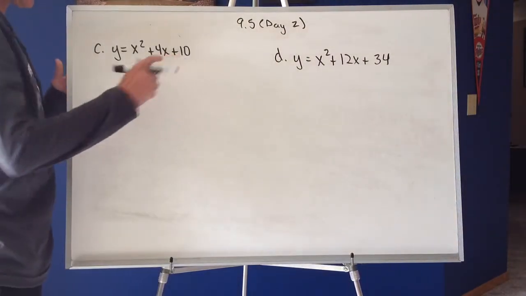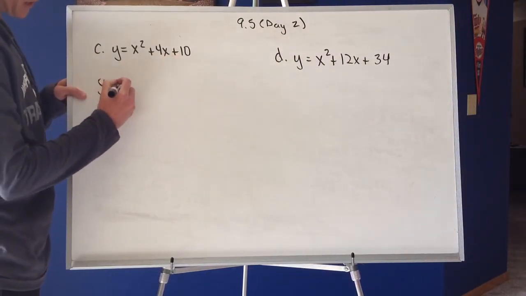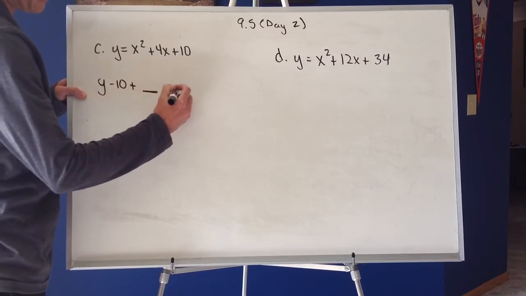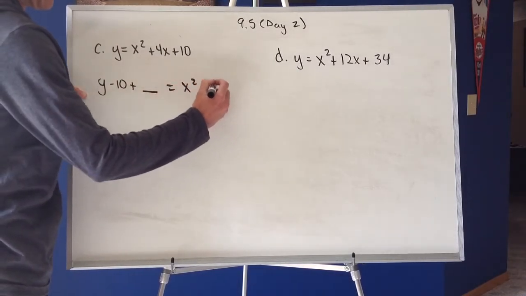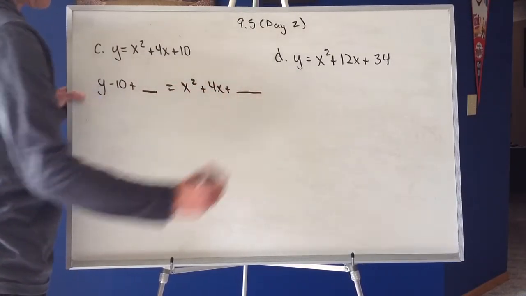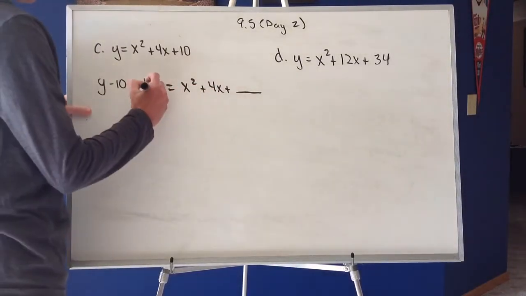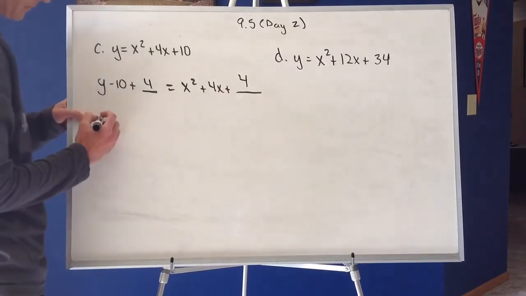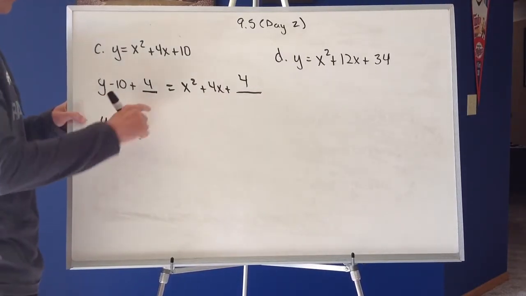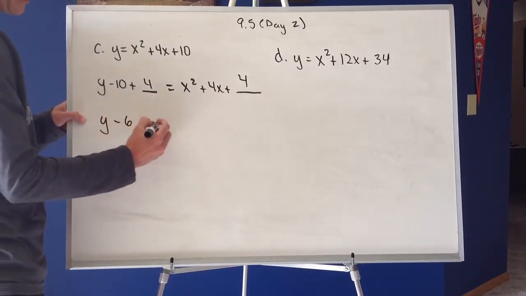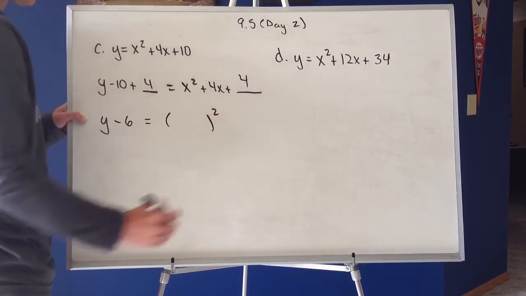Okay, so again, first thing you want to do is bring the 10 to the other side and leave your blank. Half of 4 is 2. 2 squared would give us 4 again for our blanks. So negative 10 and 4 would give me a minus 6. Again, it's going to be the same thing twice.